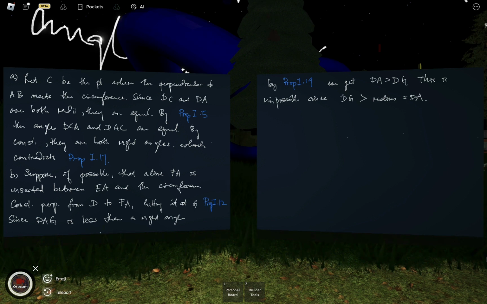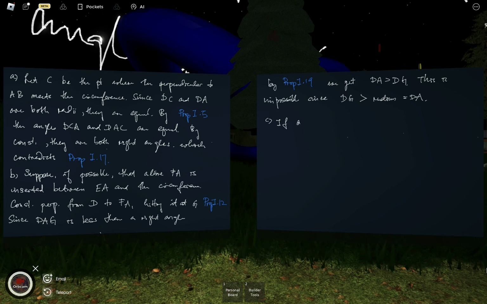Okay, so that's B. I'll quickly do part C. So part C is that cryptic statement about any acute rectilinear angle. So I'm going to write out what Euclid says, and then we'll try to make sense of it.